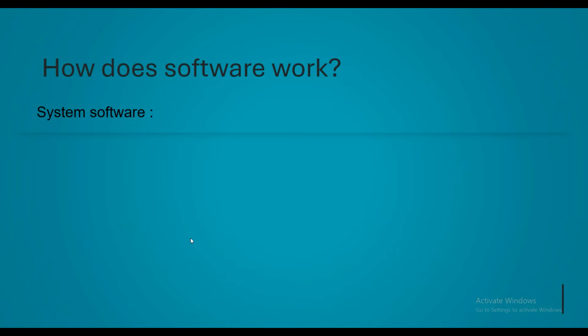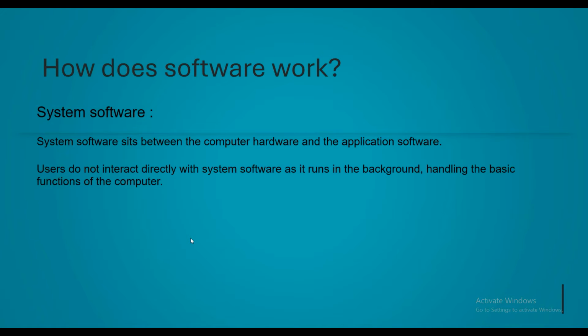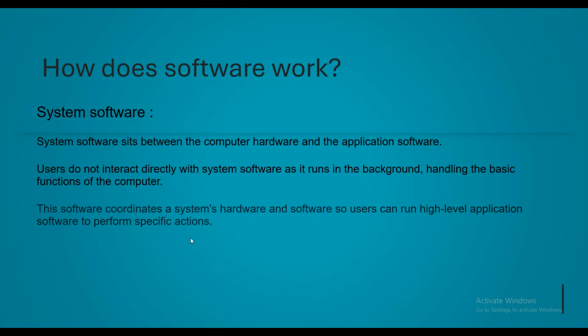So we finished the first part, so we'll go to the second part. So how does the system software really work? The system software sits between the computer hardware and the application software. Users do not interact directly with the system software as it runs in the background, handling the basic functions of the computer.